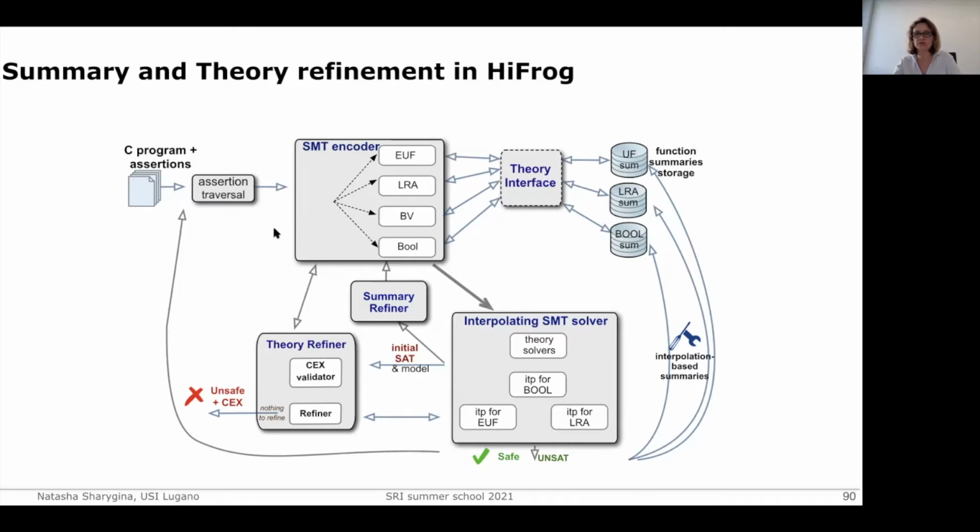So you can convert one encoding into another, and the module which is called theory interface is exactly responsible for this. The theory interface will automatically convert one encoding into another while still preserving the abstractions. So essentially it converts one summary into another.